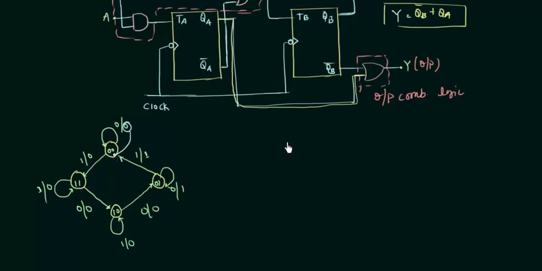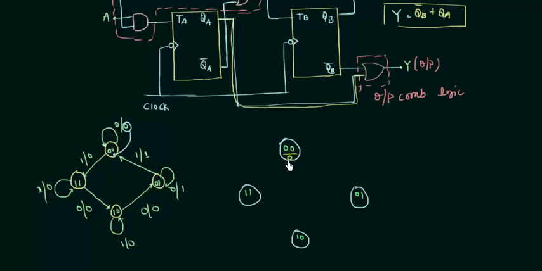So let's see how it looks. I will just make bigger circles because I need to put the output inside these circles. Let's make them a little bit bigger, and then I will write the states 00, 01, 10, 11, and then the change is here. I have to make the output appear inside the state.